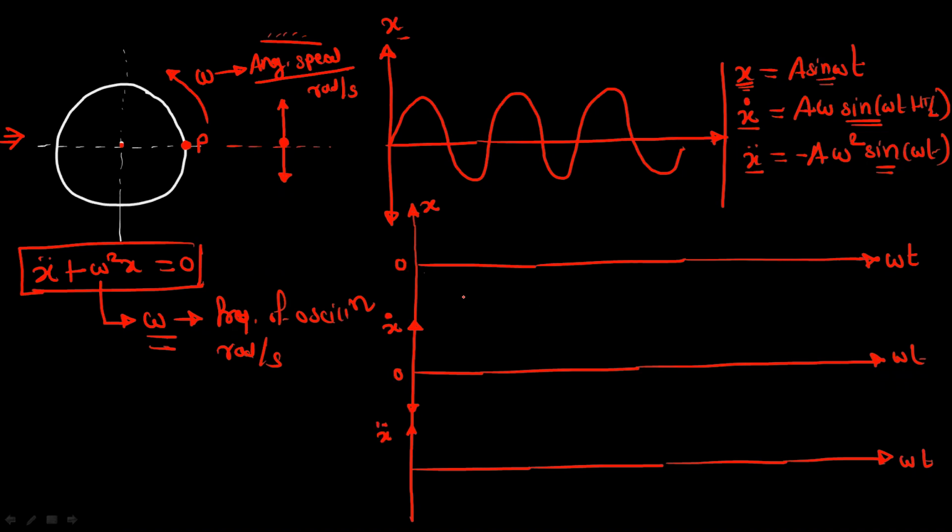Okay. Now we will take some intervals. So this is the zero value, that is a zero angle. Then after zero angle, we will take pi by 2, that is a 90 degree of rotation. Then take pi, 180 degrees of rotation. After that, 3 pi by 2.